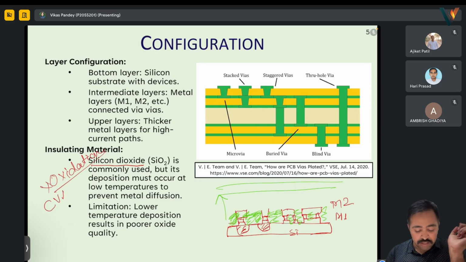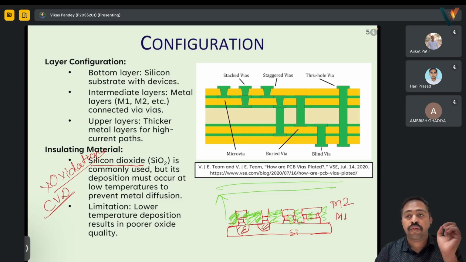Even normal thermal CVD is not possible. We can go for plasma enhanced CVD, or ALD, or best, sputtering to deposit silicon dioxide. We have to take care that the silicon dioxide, if used as the insulating material, is not deposited at higher temperature.